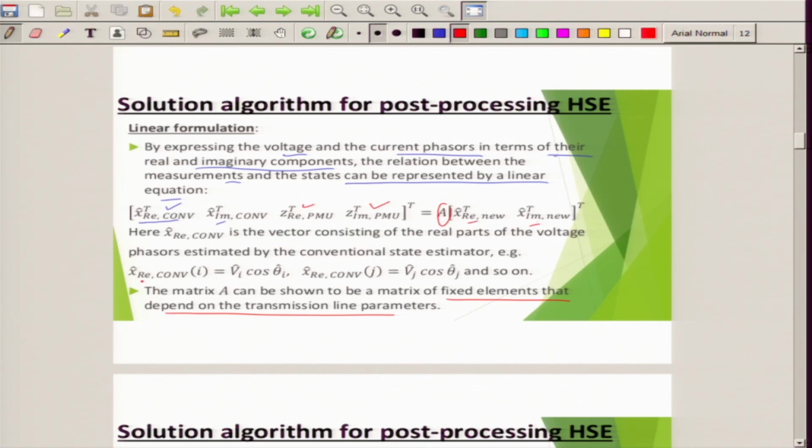So, the real part of the conventional state estimator can be expressed as Vi cap cos theta i cap. You can see there is only the cosine part, which indicates the real part of the state estimator, and the real part of the conventional state estimator at, let us say, bus j is Vj cos theta j.